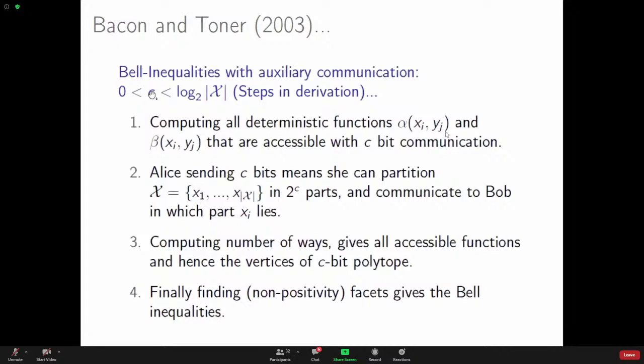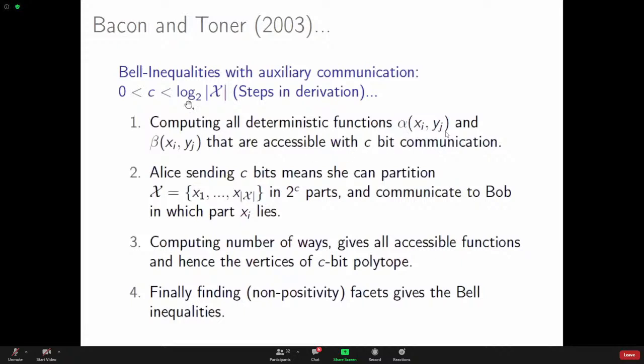So we saw that for these Bell inequalities with auxiliary communication to be interesting, this C should be greater than 0, but less than log of the number of measurement settings of Alice. Then one tries to compute all the deterministic functions that are accessible with C bits of communication.